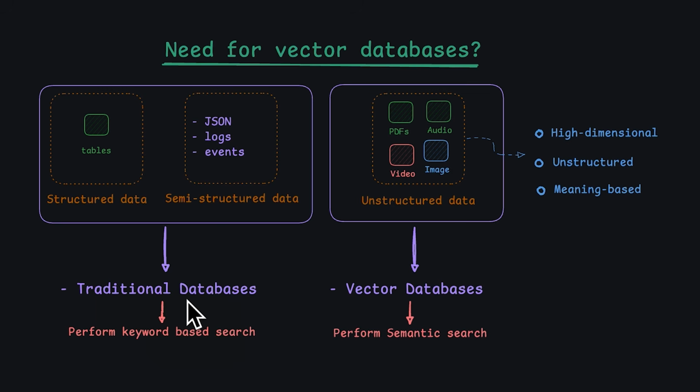You can do some exact keyword matching, range queries, joins and transactions. But the limitation is that whatever data you store here, it doesn't understand the meaning. So if your keyword search fails, the traditional databases would struggle to retrieve the information that is stored inside them.